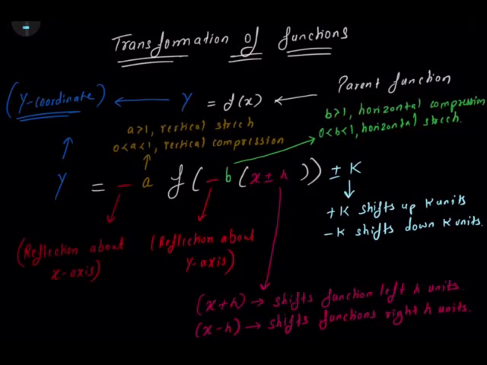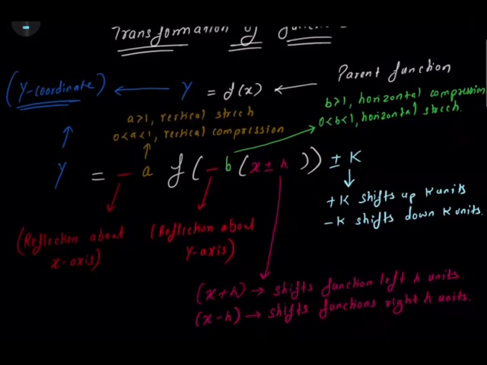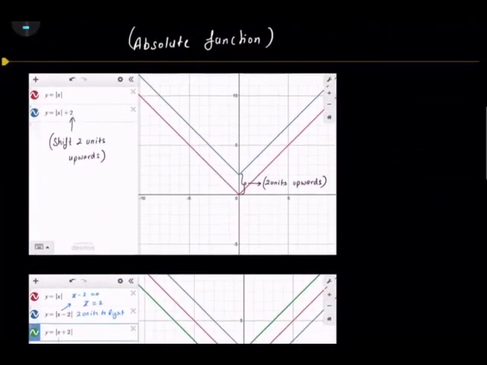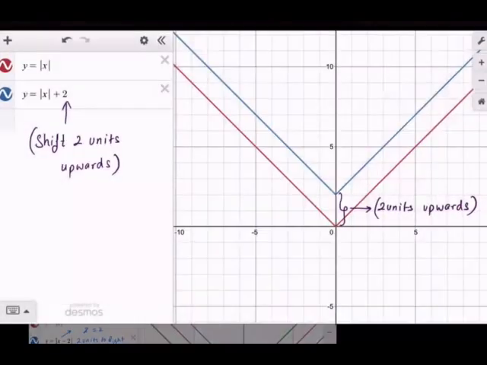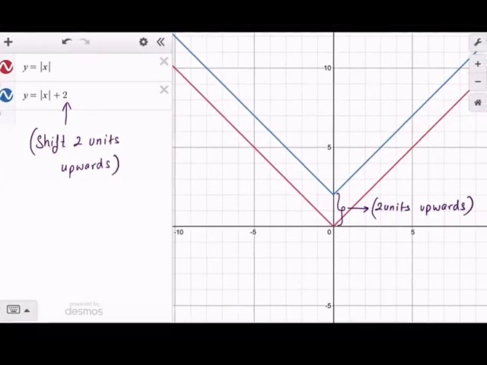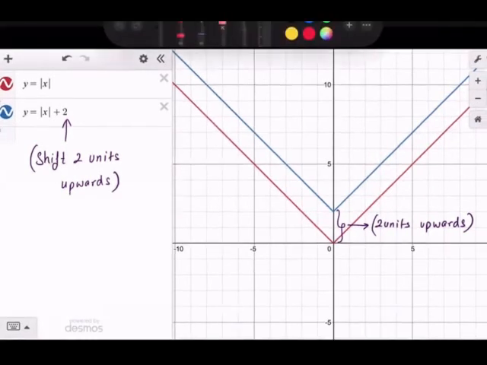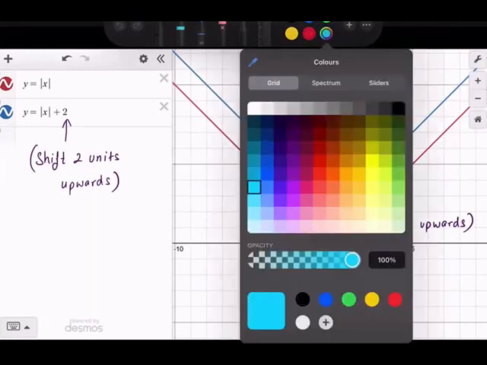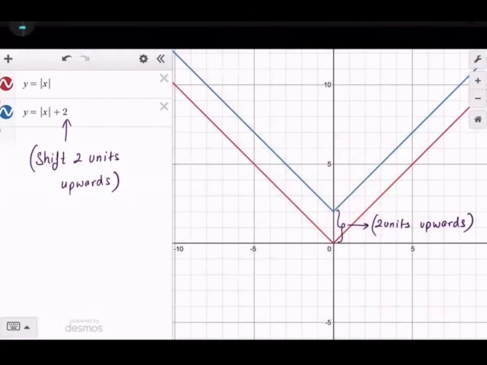Now we'll see all these transformations with the example of the parent function. So here is the first example. The parent function is given as y is equal to the absolute value of x. We can see its curve drawn in red over here, right?